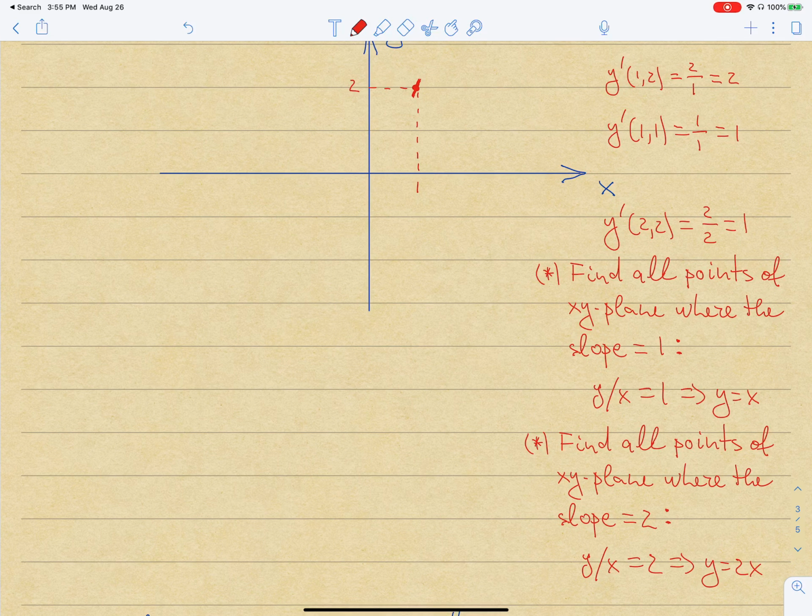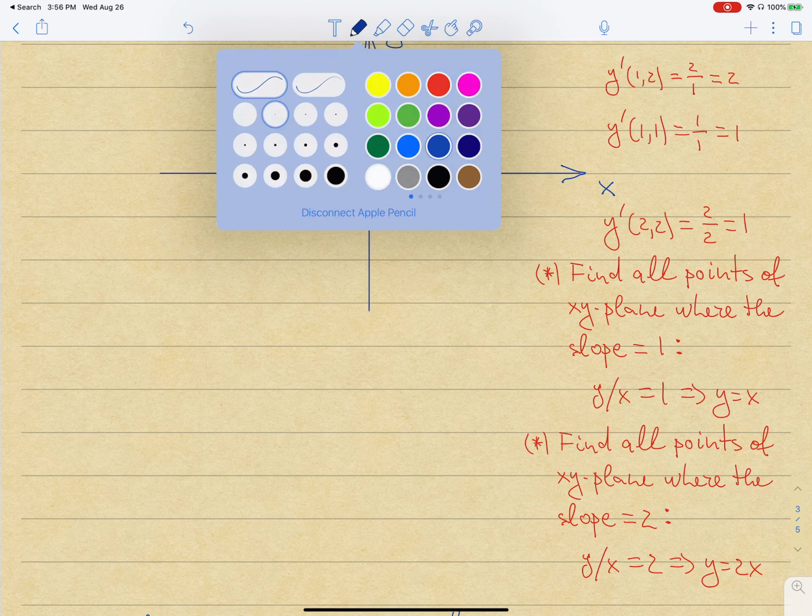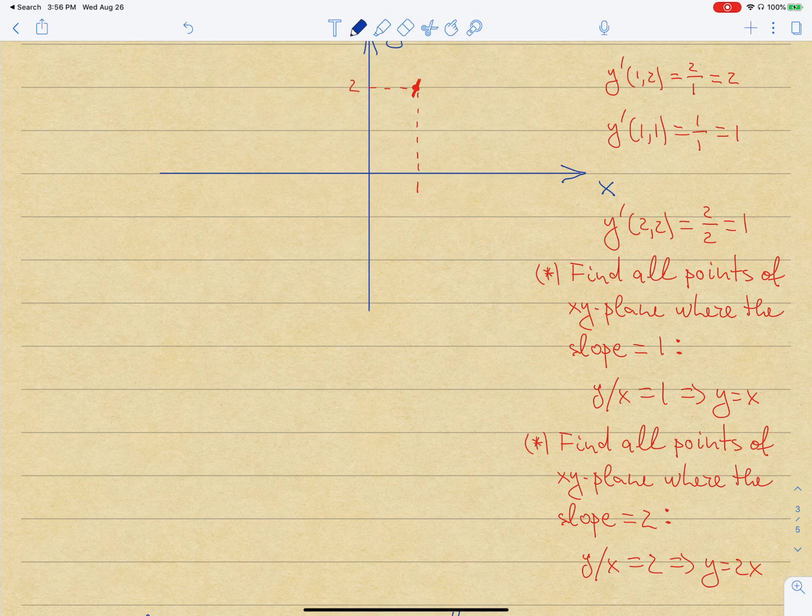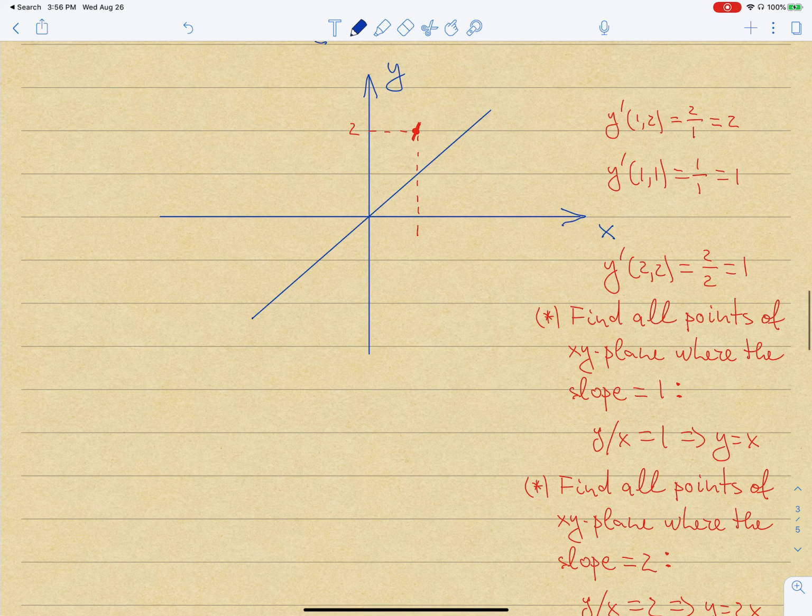Okay, so what does that mean? It means that as long as I look at the curve y equal to x, which is a straight line through the origin, so anywhere on a straight line at 45 degrees through the origin, I would expect that the slopes of the tangent lines are going to be equal to 1. So that is a line y equal to x, and we just saw that anywhere on the line y equal to x, the slope is 1.